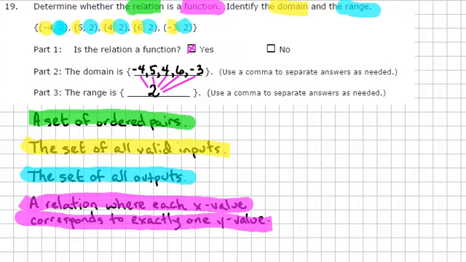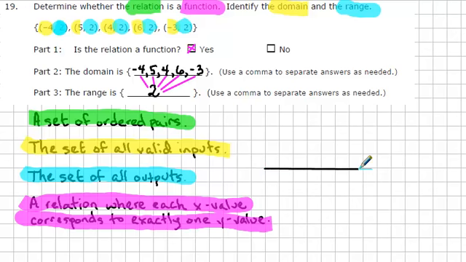It may help you to visualize a graph of the function. Most people are familiar with the vertical line test, which says that if every vertical line intersects a graph at no more than one point, then the graph represents a function. What does it look like if we plot the ordered pairs in this particular relation?